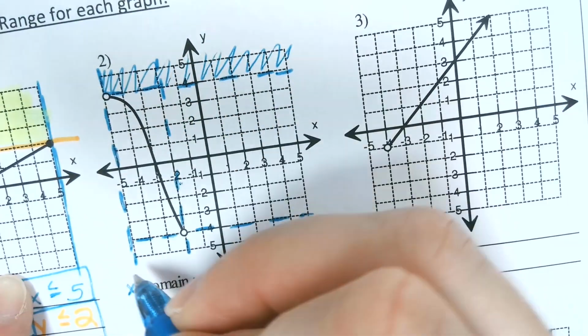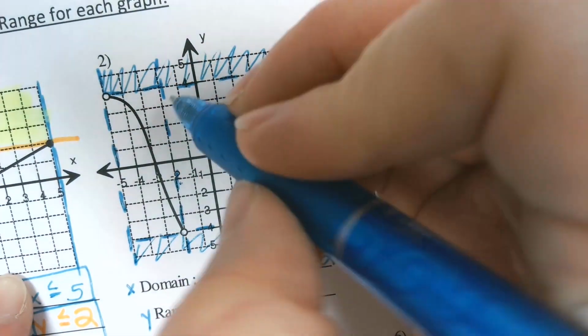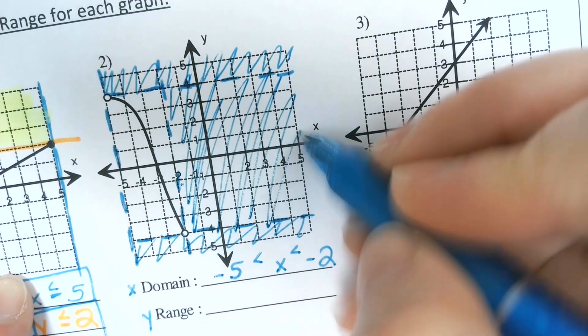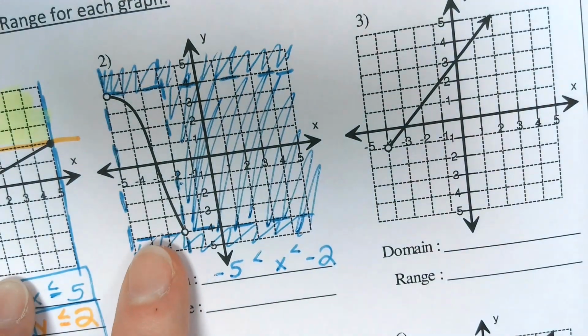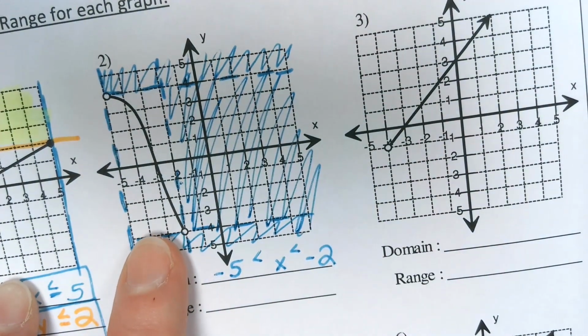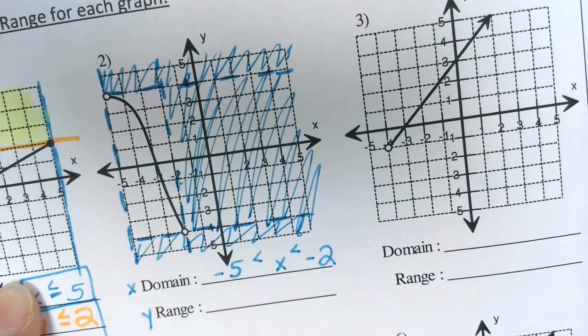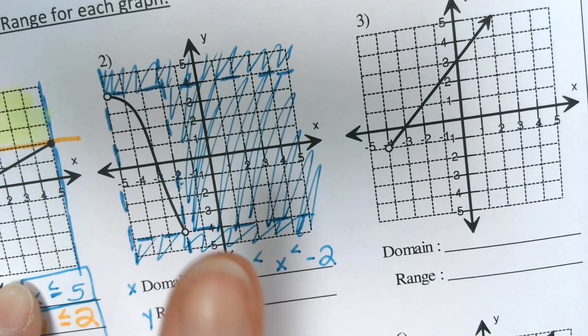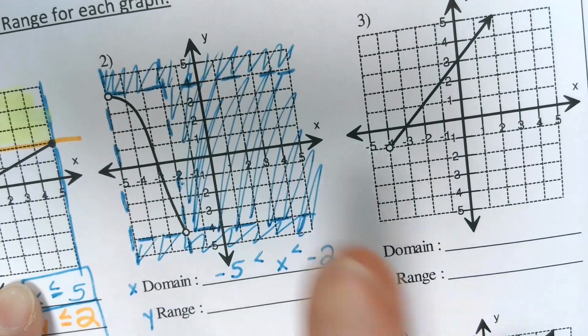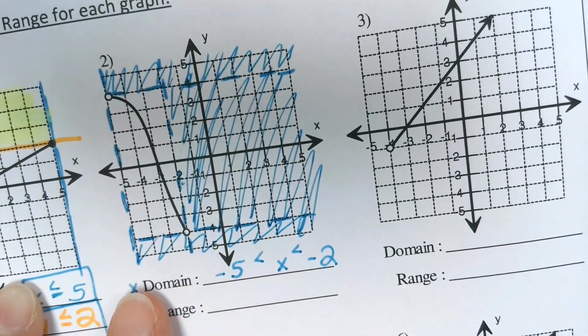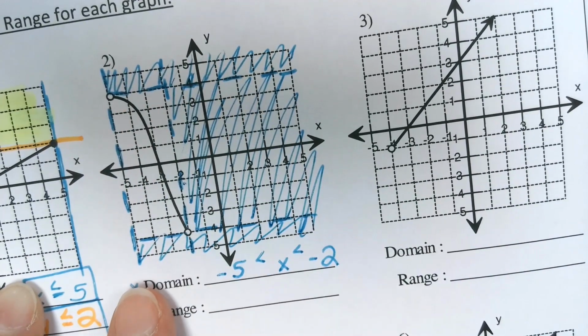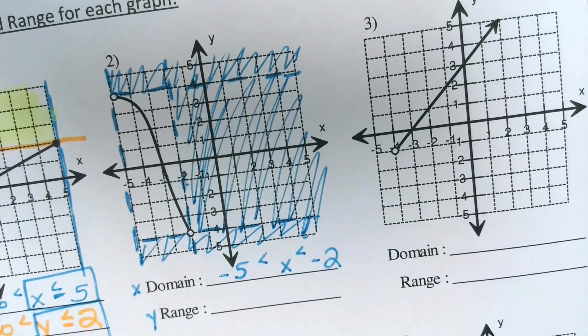So if I were to shade this, I'd shade that, I'd shade that, then I would shade this. So see how the only part that is not shaded is the part where the graph is. If you were using a highlighter, it would look like this also. And it makes a rectangle. It'll always make either a rectangle, a square, or have some areas that are off the grid.